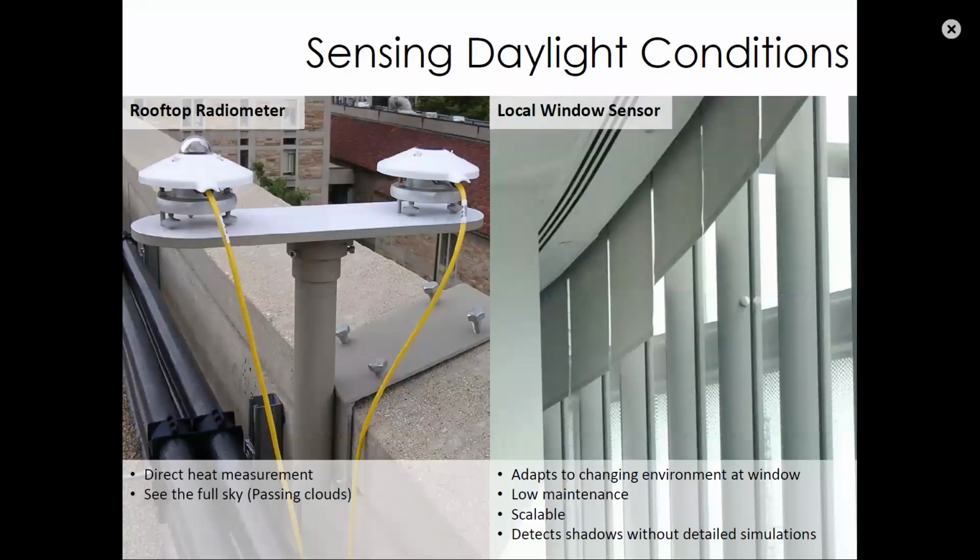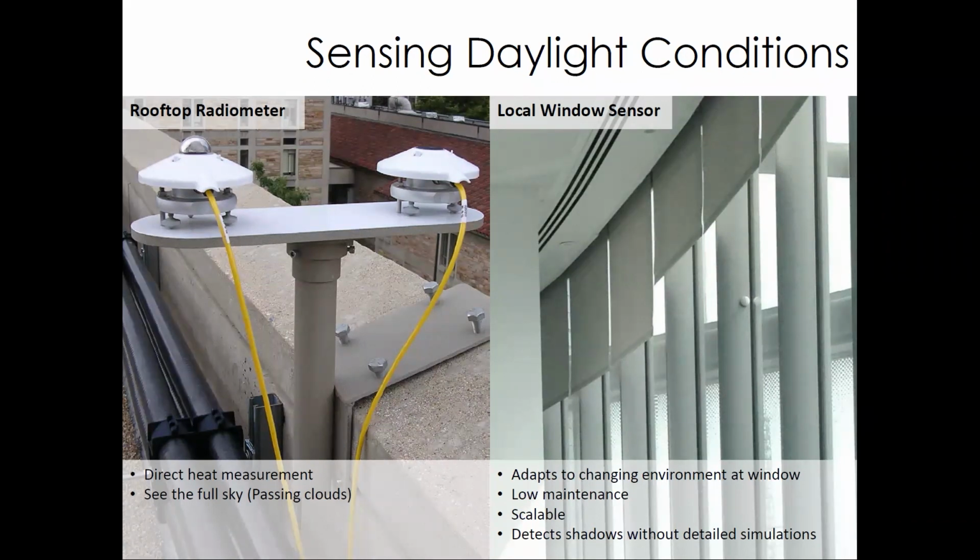So when we're evaluating the daylight conditions mentioned in the previous slides, there are two common ways of detecting these conditions, each with their own pros and cons. The first is a rooftop radiometer, which is a wired device that detects both daylight and solar radiation by looking directly at the sky.